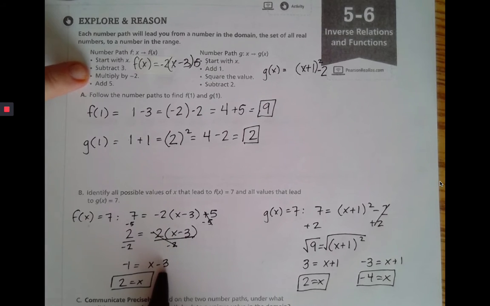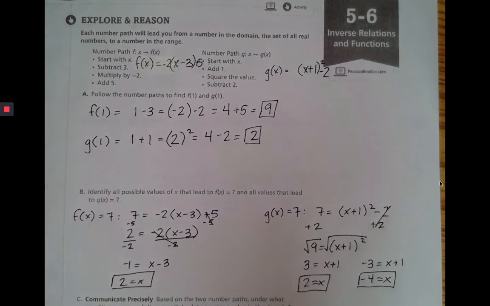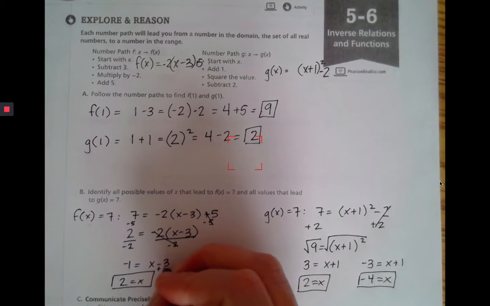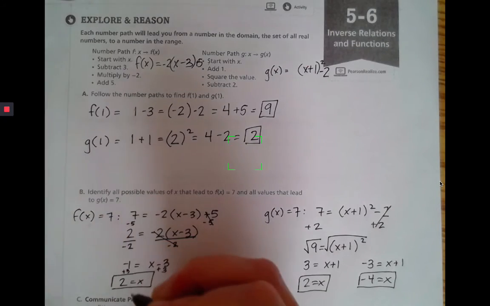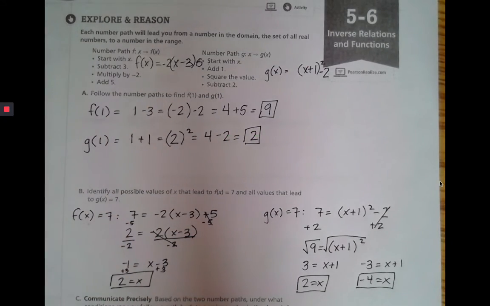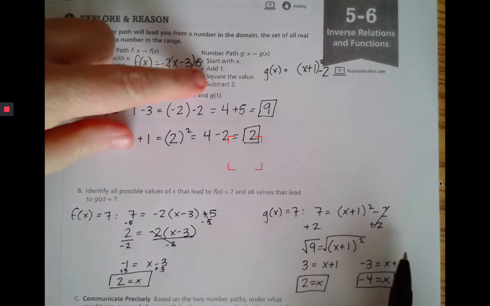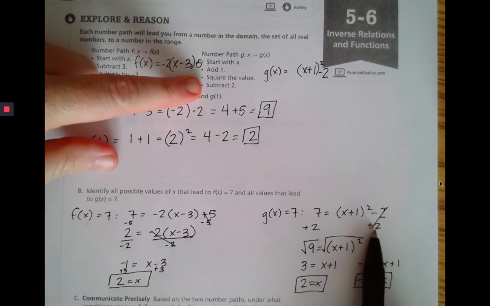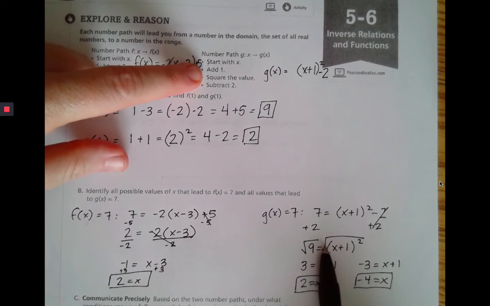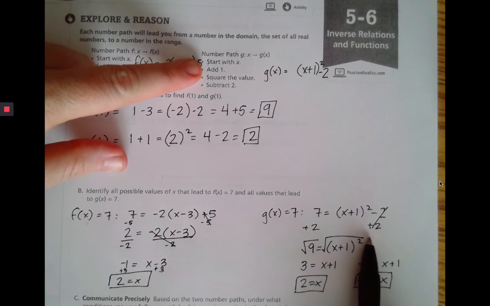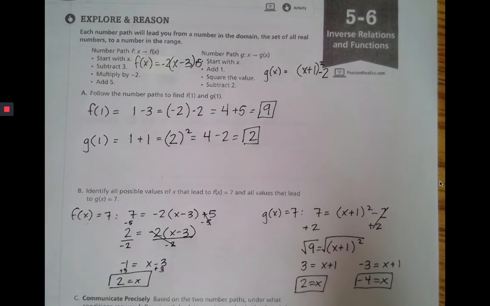Instead of subtracting 3, we added. So we did opposite steps in reverse order, right? Same for this one. We added 2, and then instead of squaring the value, we took the square root, and instead of adding 1, we subtracted it.